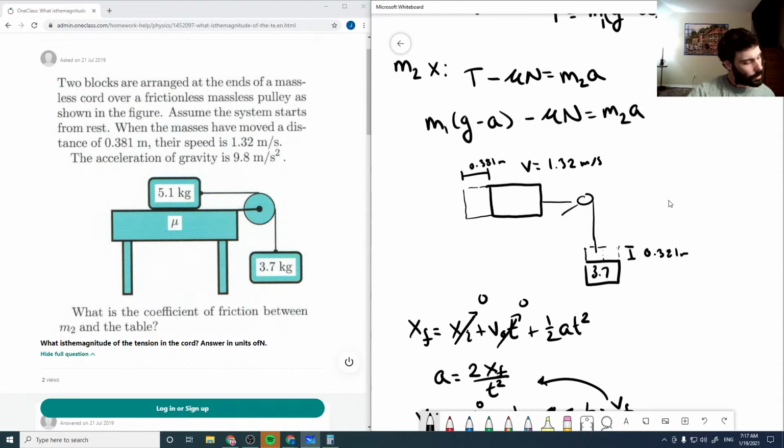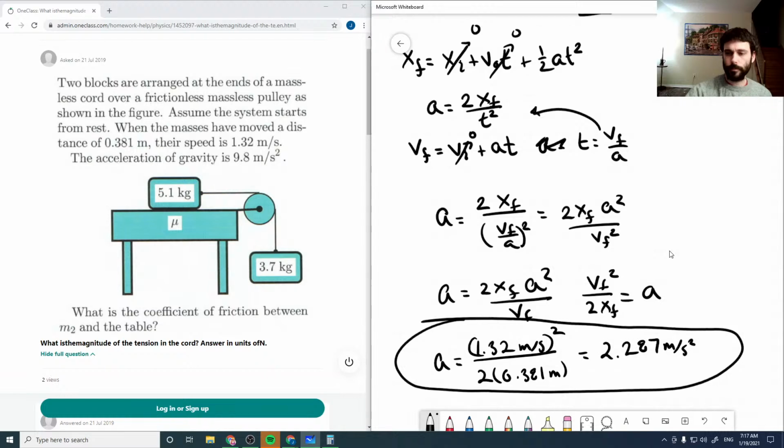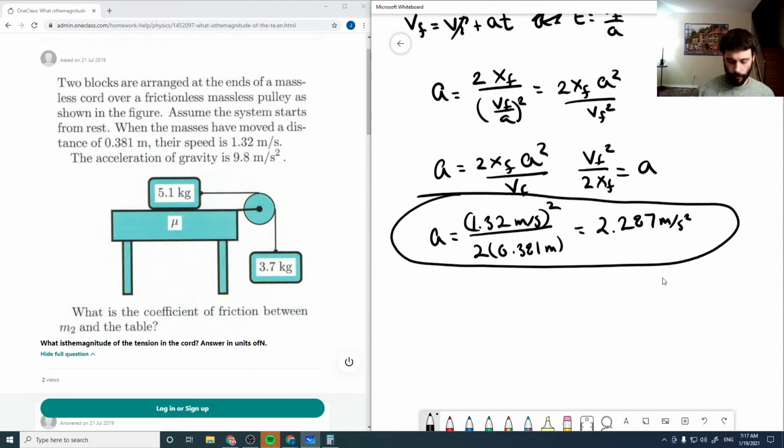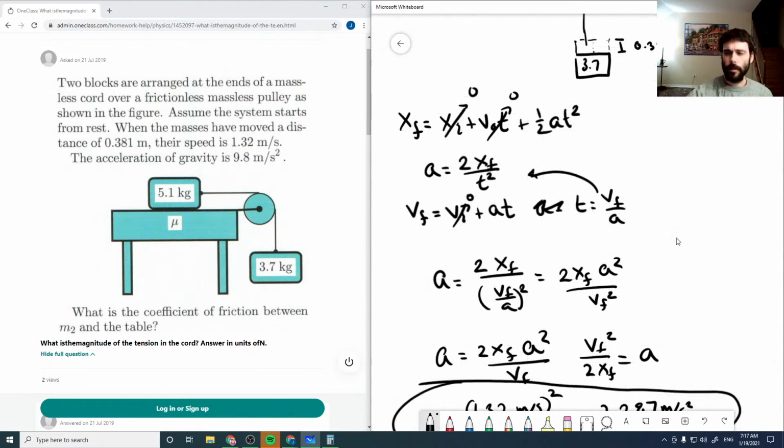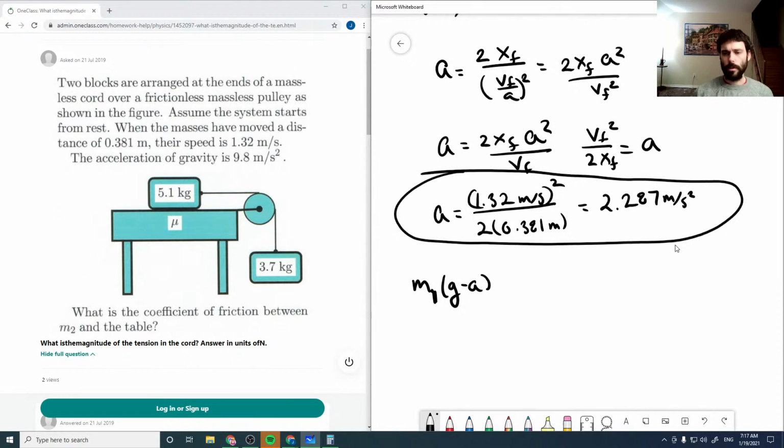So now returning to our x equation, then we have M1 g minus a minus mu n equals M2a.